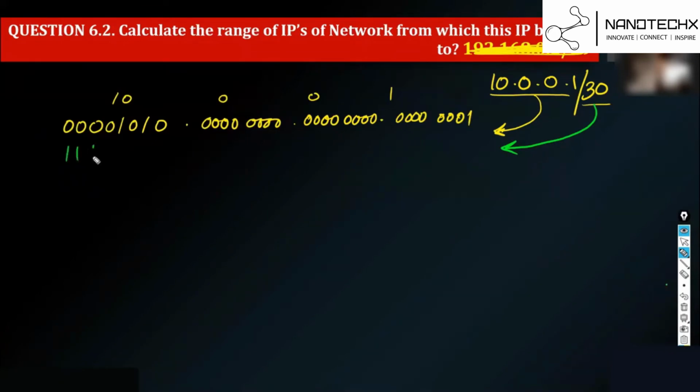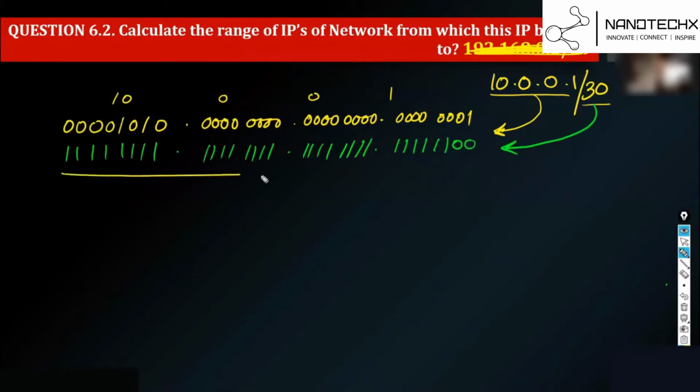So 1, 2, 3, 4, 5, 6, 7, 8, dot 9, 10, 11, 12, 13, 14, 15, 16, 17, 18, 19, 20, 21, 22, 23, 24, 25, 26, 27, 28, 29, 30, and then the remaining 2 zeros.